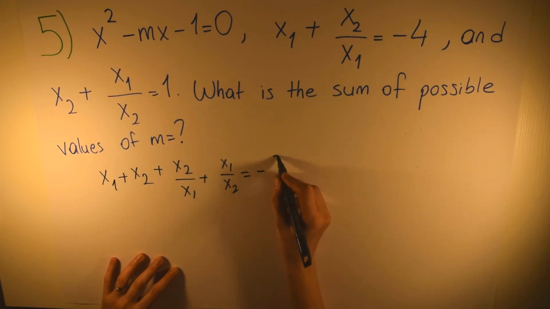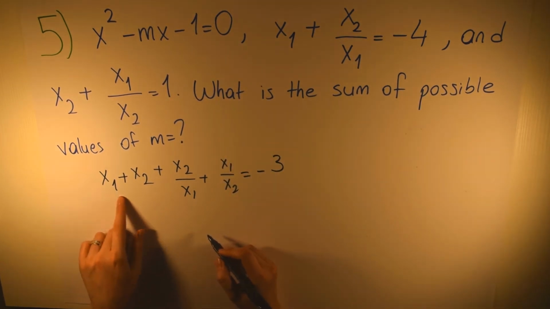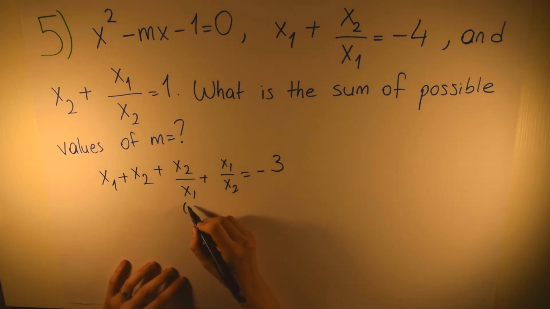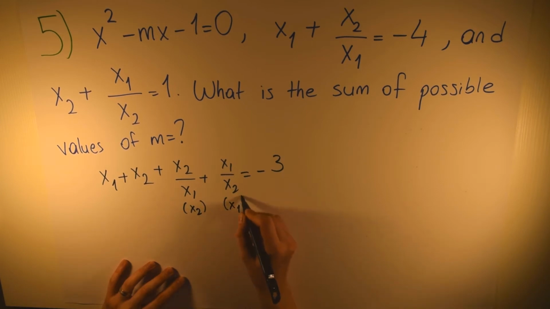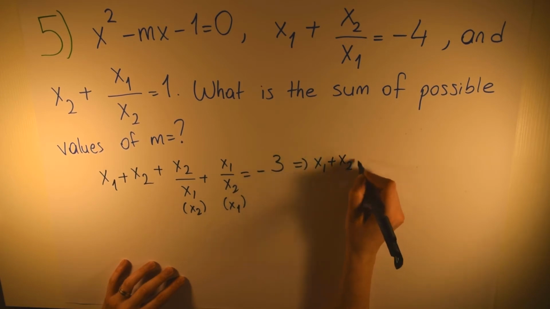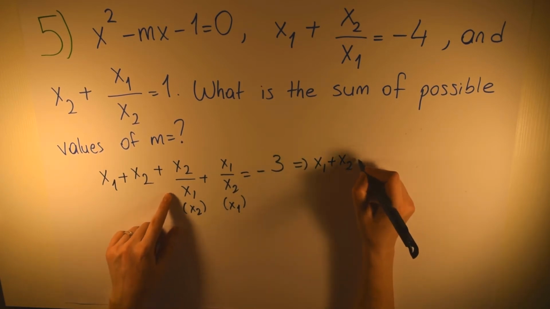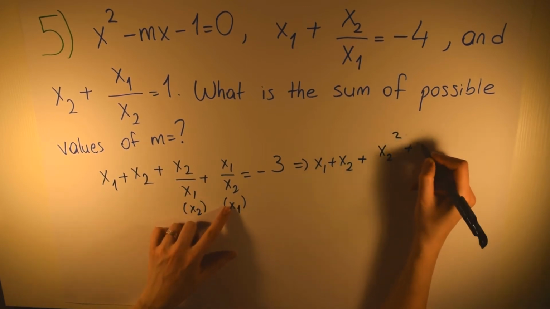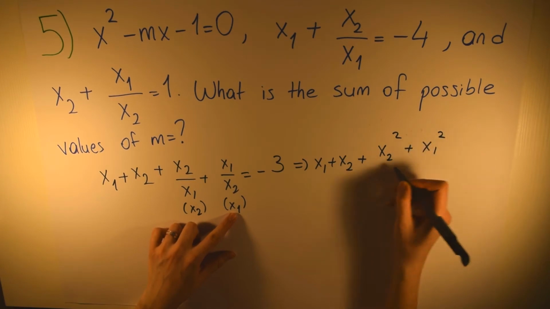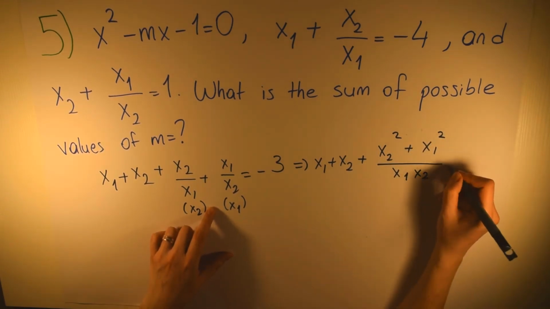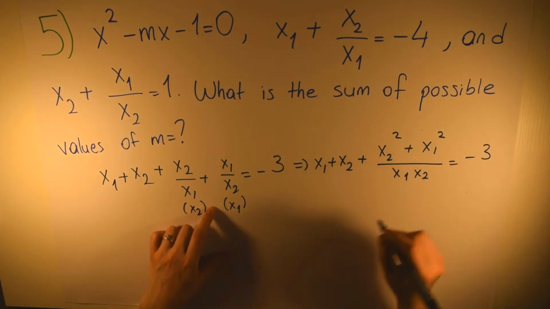it is minus 3, right? So here we have the sum of these roots, and here we will do the basic operations. I will multiply by x2 and here x1, and from here we will get x1 plus x2. Here it's plus x2 squared plus x1 squared over x1 times x2, which is equal to minus 3, right?